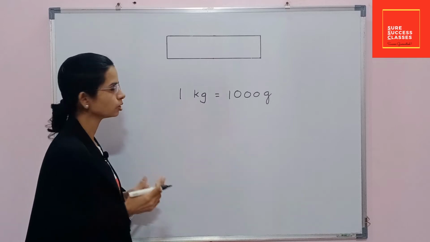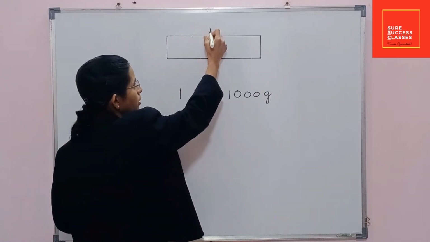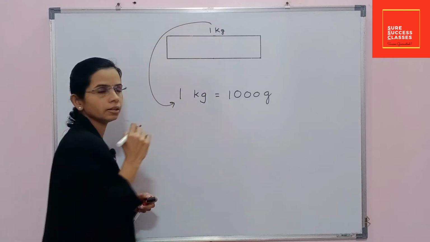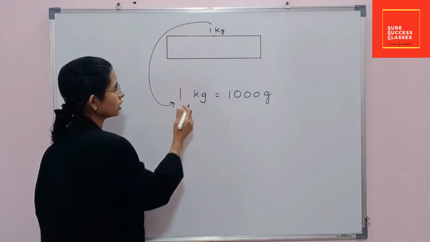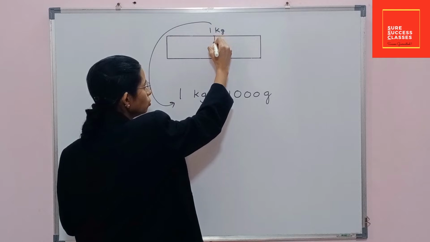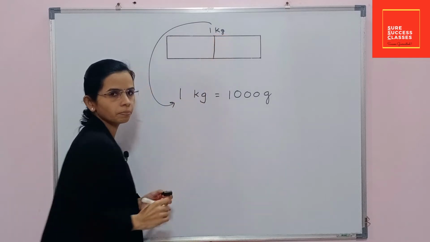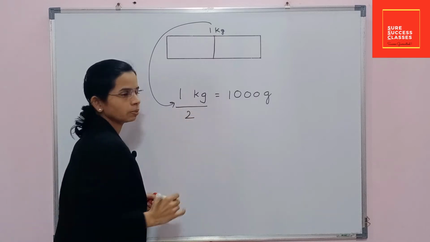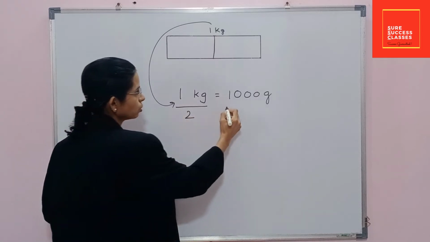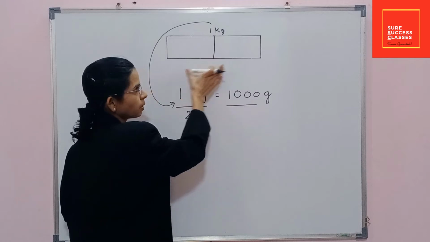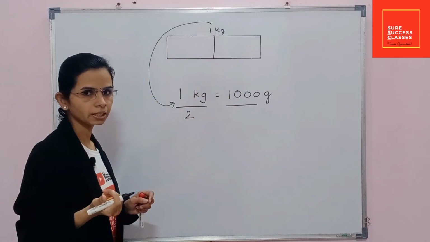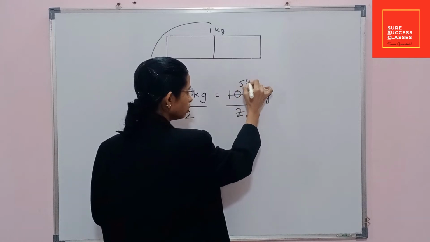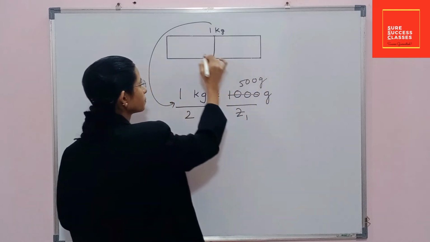Suppose I have a chocolate bar of 1 kilogram, and if I divide this chocolate bar into 2 equal parts, 1/2, so each part will be of how many grams? Each part will be of 500 grams.